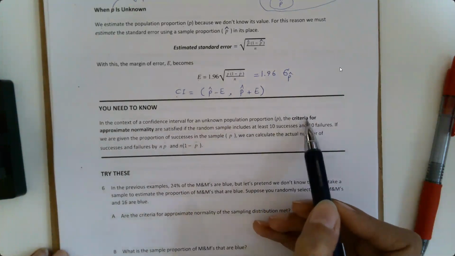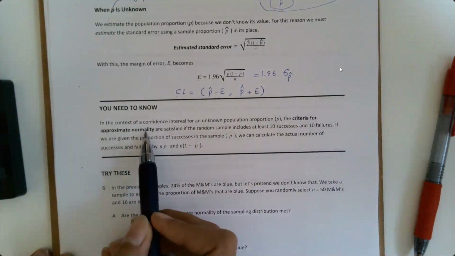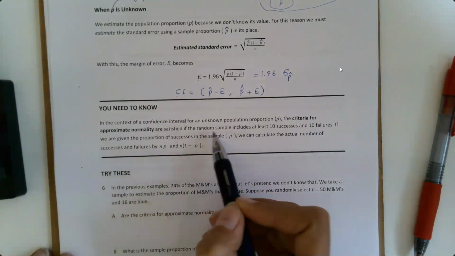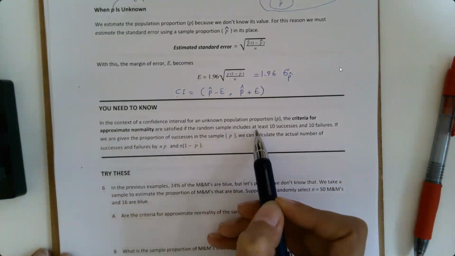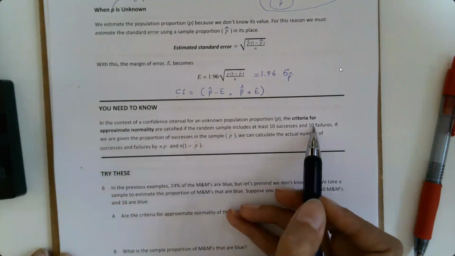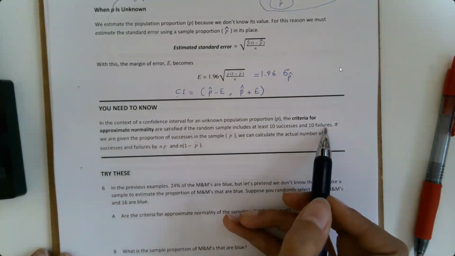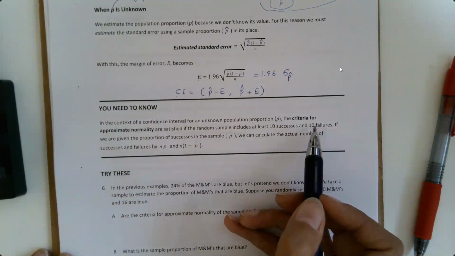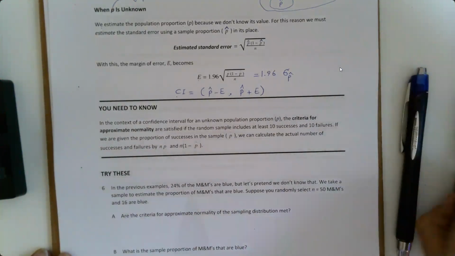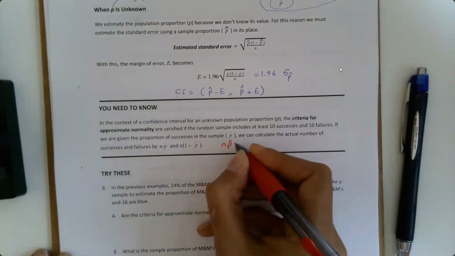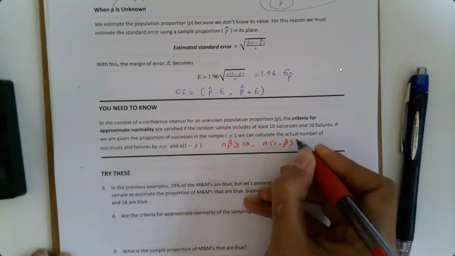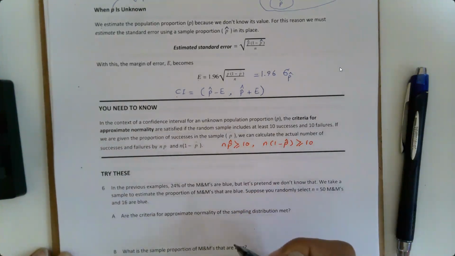The criteria for approximate normality are satisfied if you have a random sample, which includes at least 10 successes and 10 failures. What's the meaning of that? How do we write this in mathematical form? It means that n times p hat is larger than or equal to 10, and n times 1 minus p hat is also larger than or equal to 10.